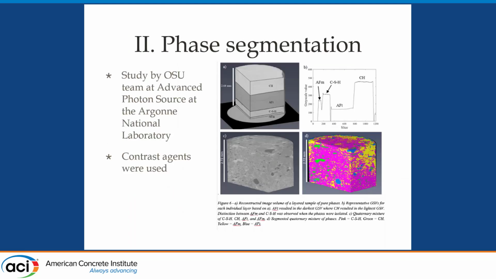The second study of our paper in CI was this phase segmentation. This was a study by OSU. It was at the Advanced Photon Source at the Argonne National Laboratory. The first step for this experiment was to calibrate the grayscales. We're going to try to do phase segmentation based on grayscale, so let's go ahead and build a special sample that has those layers, and then we can get the grayscales to match up.